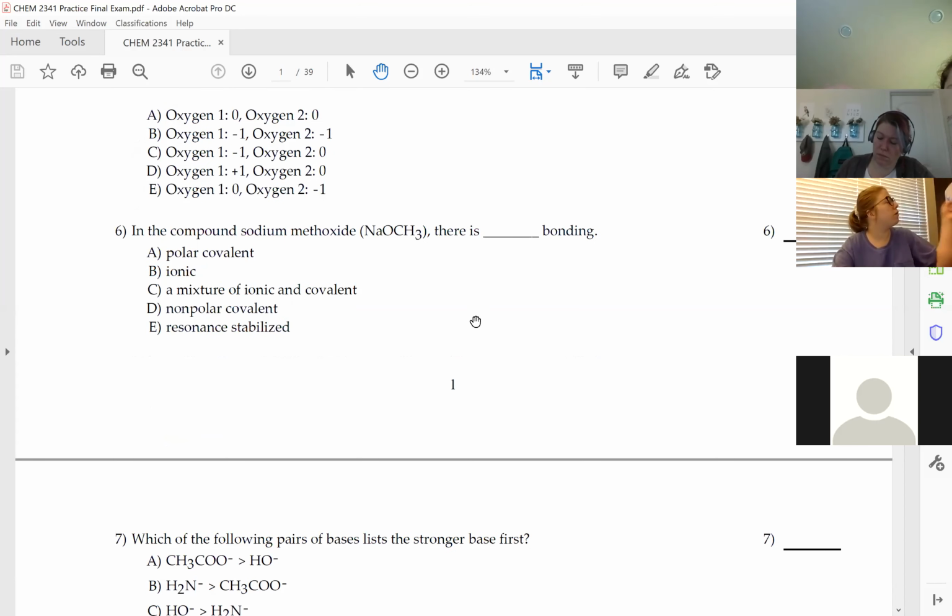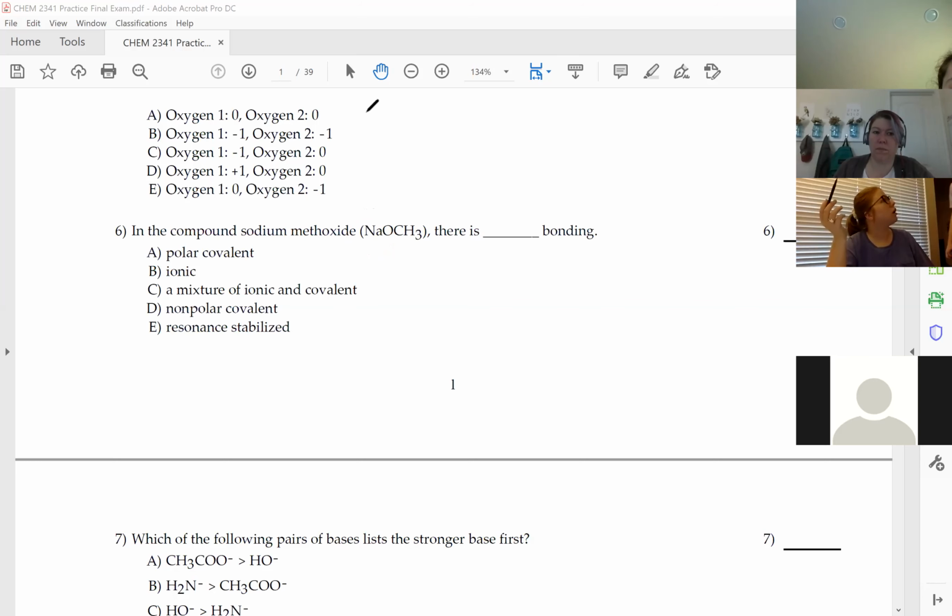So what is the bond indicated by sodium here? What does that indicate to us? Ionic. Right, so there's got to be some sort of ionic bond happening. I'm going to turn on Zoom annotations because the PDF is kind of a pain.